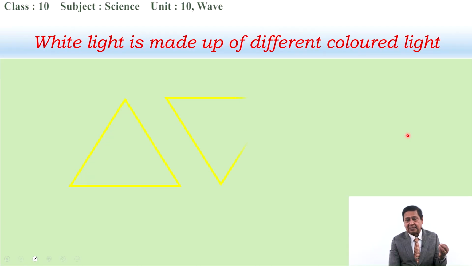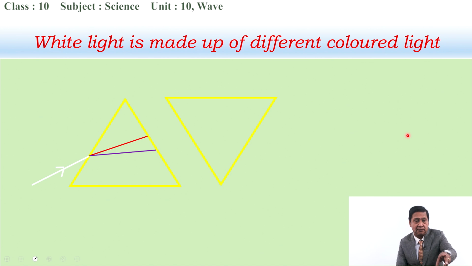When we pass white light through one prism like this, and another prism is taken just in front of it in such a way that it is inverted, then what happens? From the first surface of the first prism, dispersion takes place. I am showing just 2 rays of light because if many rays are drawn, it is a little difficult to show clearly. That's why 2 edges are drawn here, red light and violet light.